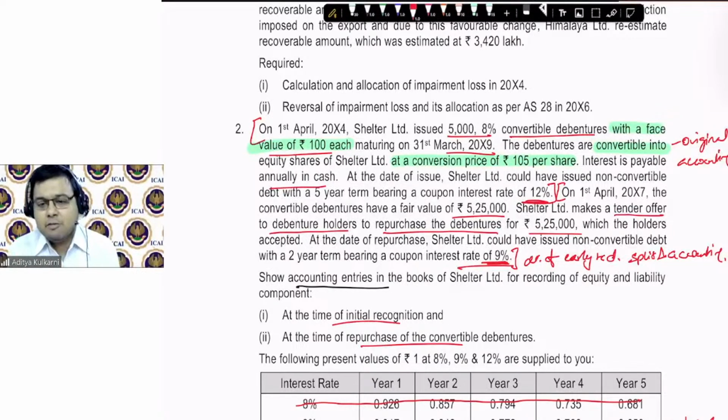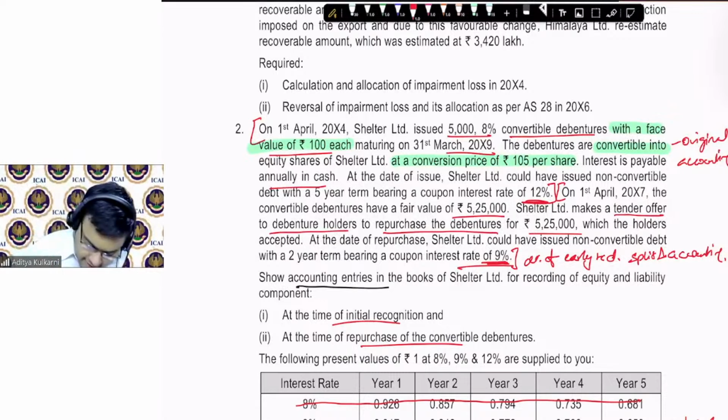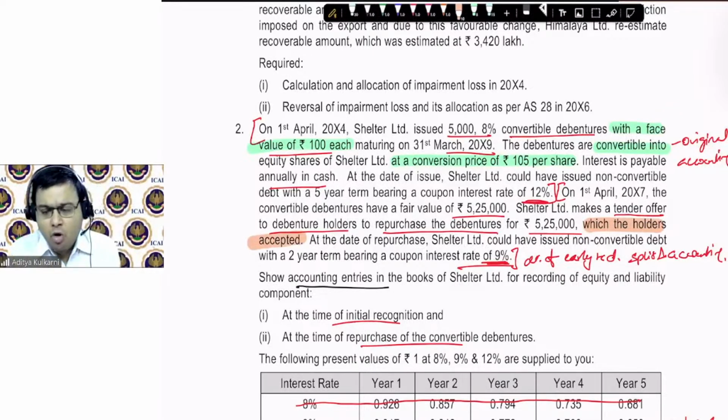The next aspect is you can see that the holders have accepted. That means the option lies with the holders. And more often than not, it makes sense also that these options lie with the holders.